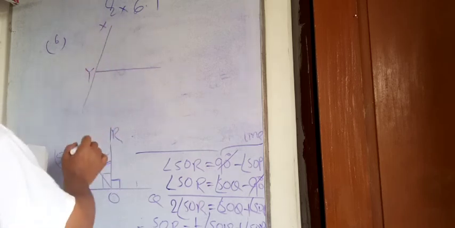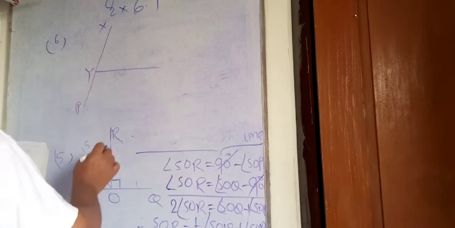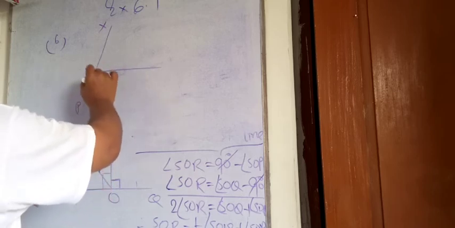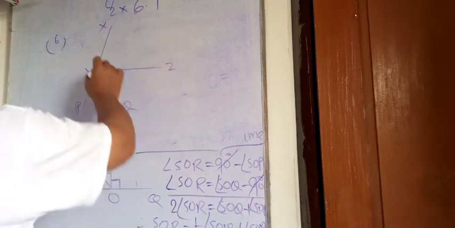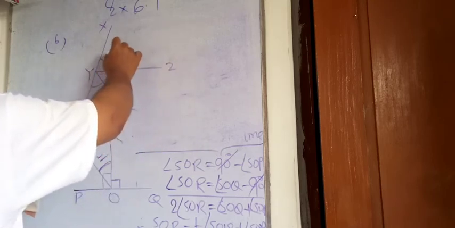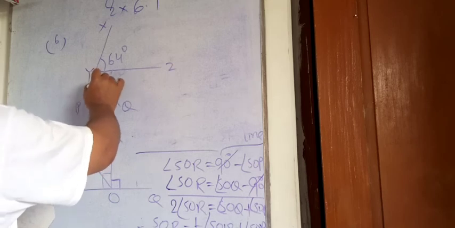X, Y, P. This is Q, and this is Z. It is given to be 64 degree. So let's see. XY produced, draw a figure from the given. If ray YQ bisects ZYP, exactly these angles are equal.